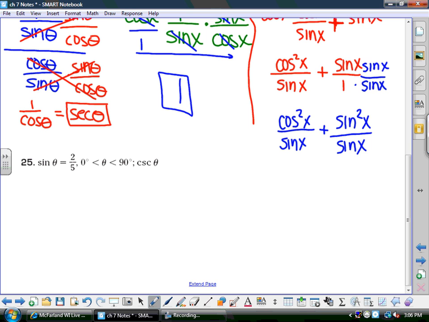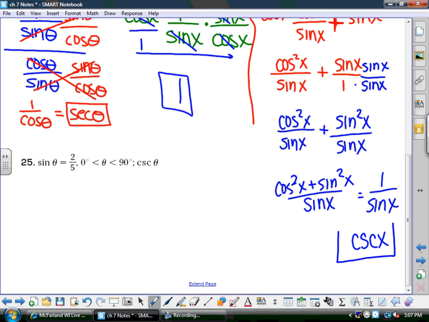Since they do have a common denominator, I can add together the numerators: cosine squared plus sine squared over sine. Remember, when you add fractions together, you don't do anything to the denominator, you leave it alone. Cosine squared plus sine squared equals 1. It's a Pythagorean identity. So we've got 1 over sine x, or cosecant x.